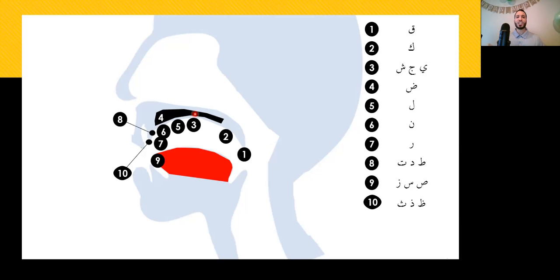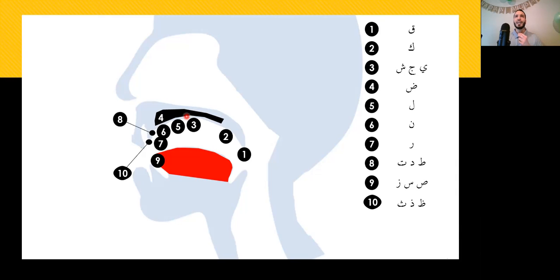Sheen, sha. In front of those, still in 3, but it's even a little bit closer to the front of the mouth. Sha, sh. So let's go back and feel them again.